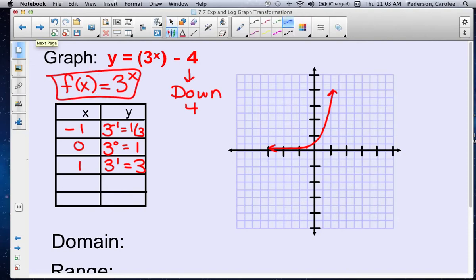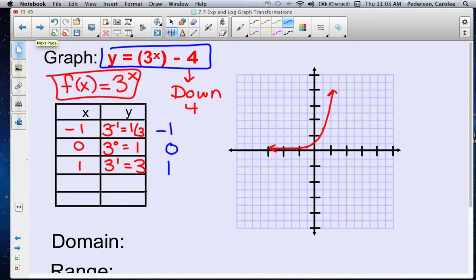Now what we're going to do is shift our ordered pairs down 4 units. So you may want to just go ahead and recreate these ordered pairs. My x-axis does not change at all. But my y values are going to be shifting down 4 units.